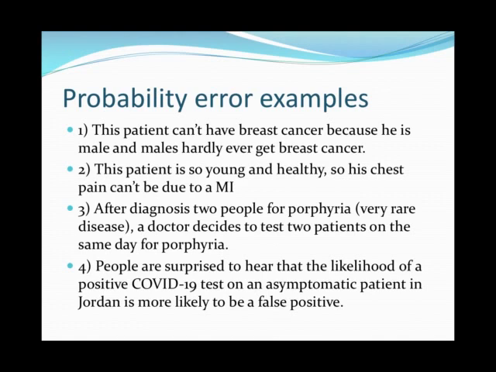But in a country like America where there's a higher prevalence, it's more likely that it's actually a true positive. But in Jordan, it's more likely that it's going to be a false positive currently right now.